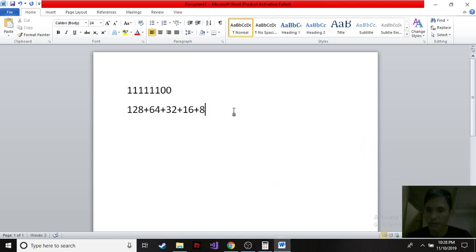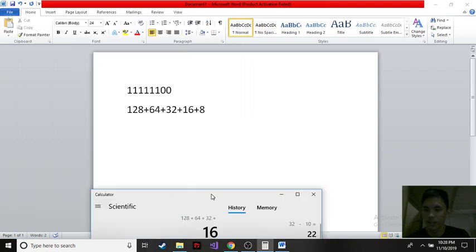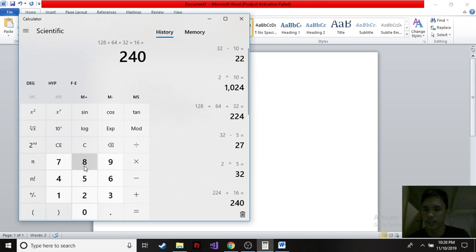So let's try to compute this. 128 plus 64 plus 32 plus 16 plus 8. So 248 will be the answer.